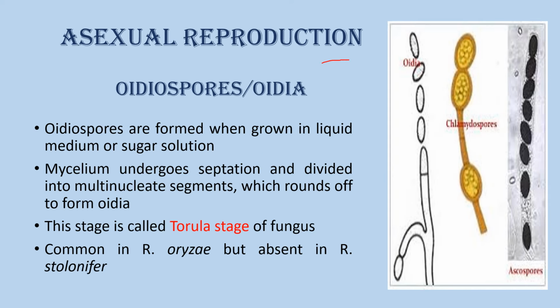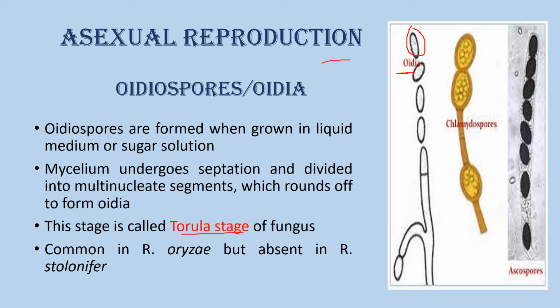This is the oidiospores. Actually, these oidiospores are produced when the fungus is grown in liquid media or very nutrient-rich media. Then this type of oidiospore is produced, and they look like the Saccharomyces type of yeast, so that is why it is called the Torular stage.